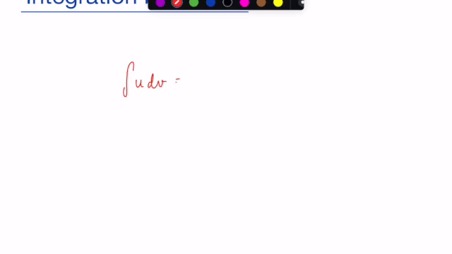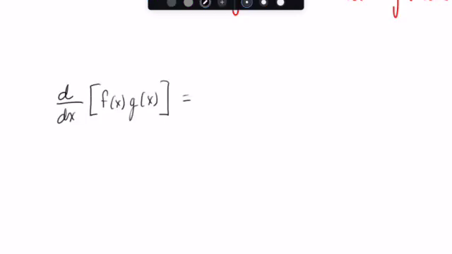Okay. And so what I mean is, if you think about the product rule, a pen here would be handy. The derivative with respect to x of f of x times g of x. Okay. Well, you know the product rule.